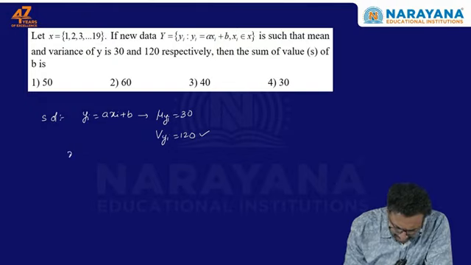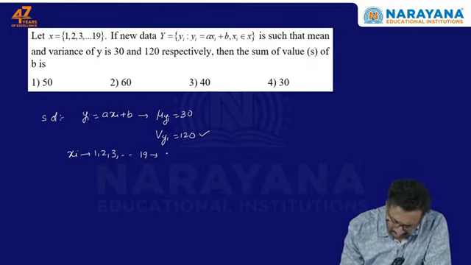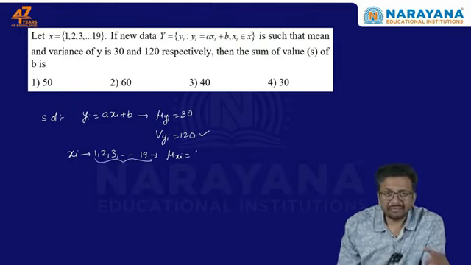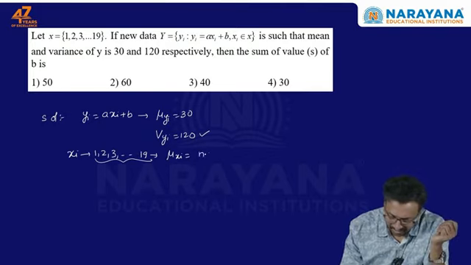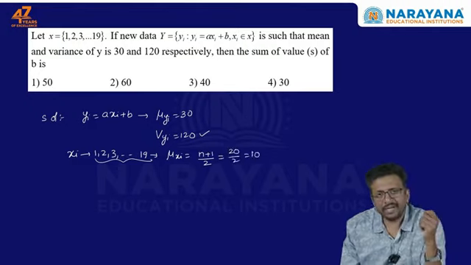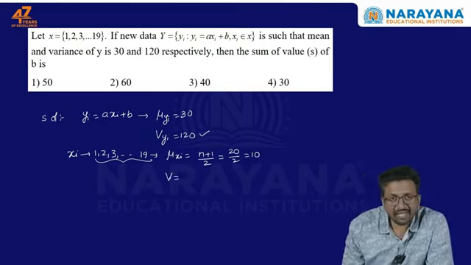So if you take xi's as 1, 2, 3, and so on up to 19, what is the mean of xi? These are the first 19 numbers. So for the mean of first n numbers starting from 1 to n, you have a direct formula which is n plus 1 by 2, which is 20 by 2, equal to 10. So initial mean is 10. So what is the initial variance?